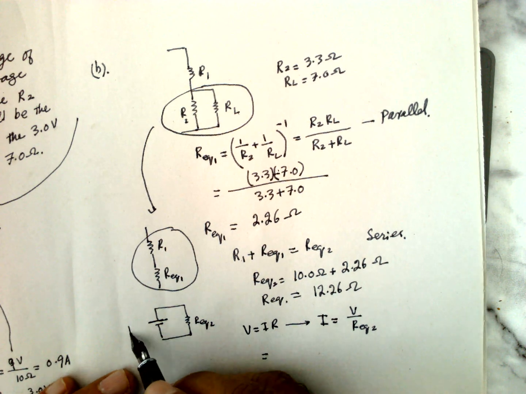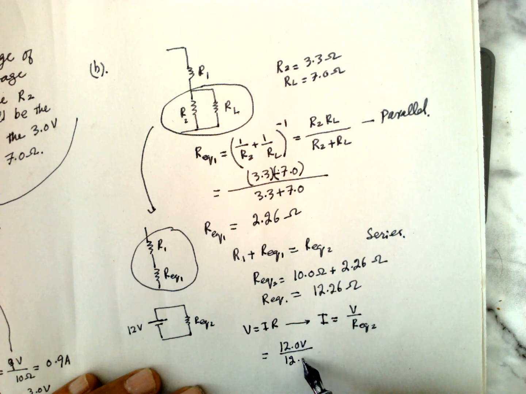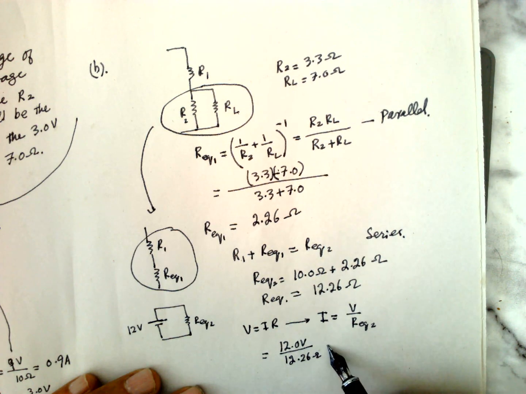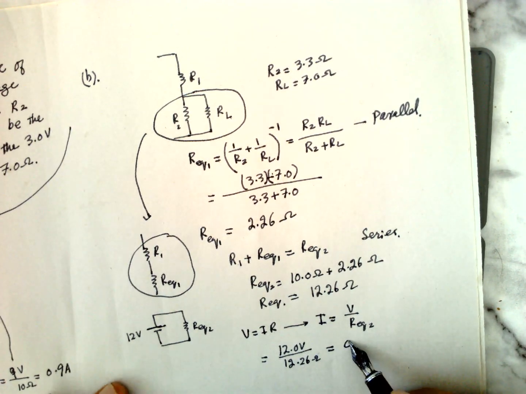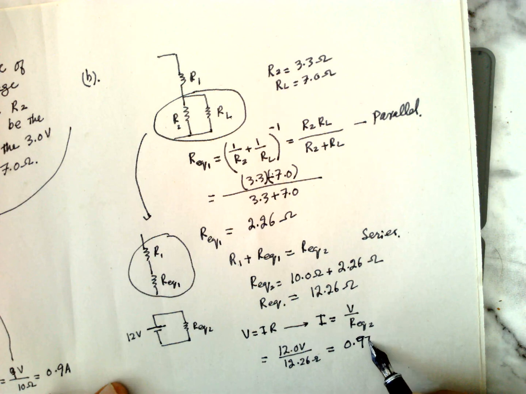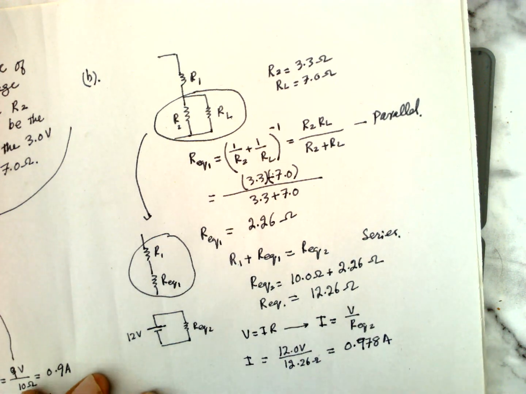So V is 12 volt. So 12.0 volt over 12.26 ohm. So it is equal to 0.978 ampere. This is the current.